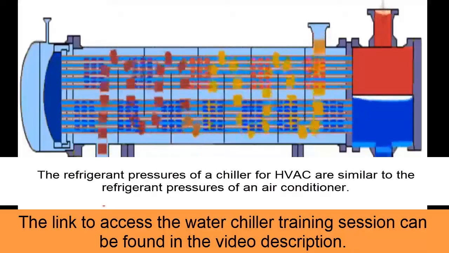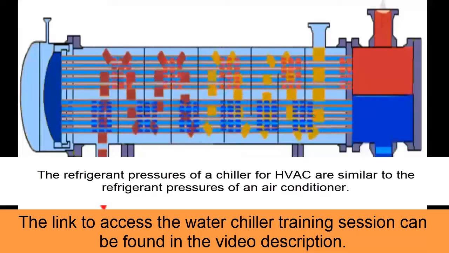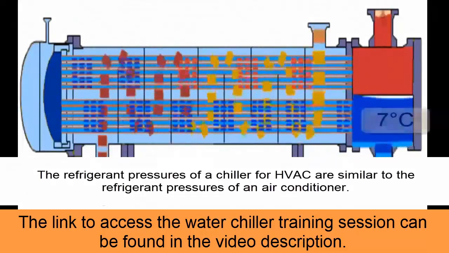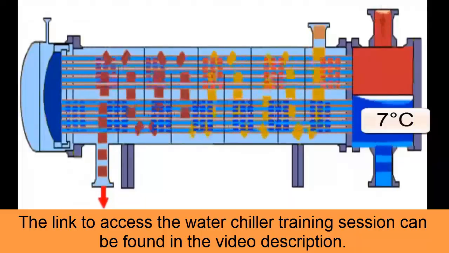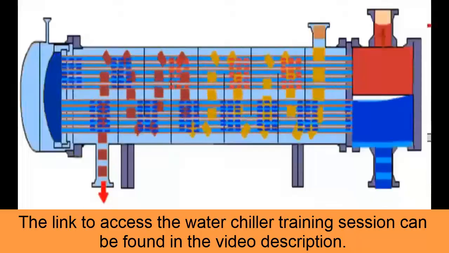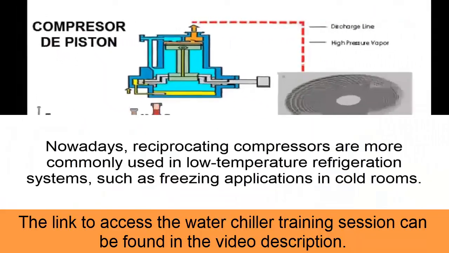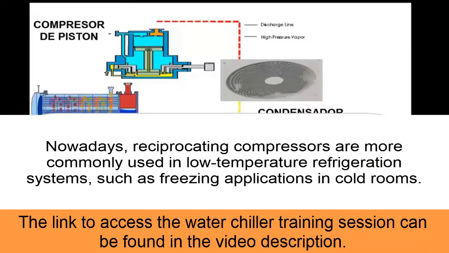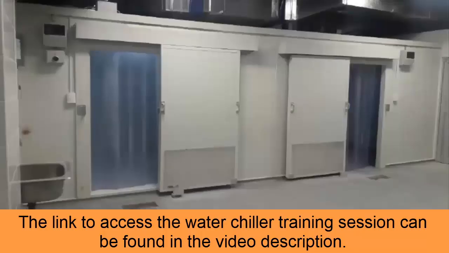However, a conventional chiller generally operates with evaporator temperatures close to 7 degrees Celsius, equivalent to 44 degrees Fahrenheit. For this reason, the piston compressor has lost considerable influence in this sector and has been mainly assigned to higher compression ratios, that is, to lower evaporator temperatures, such as in cold room applications and industrial refrigeration plants.